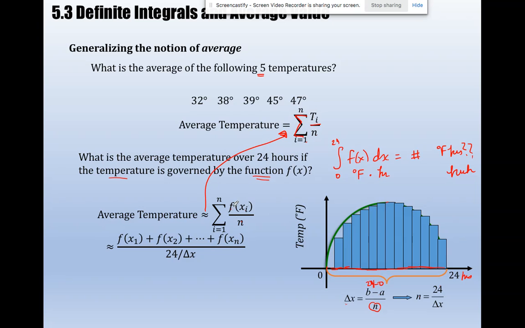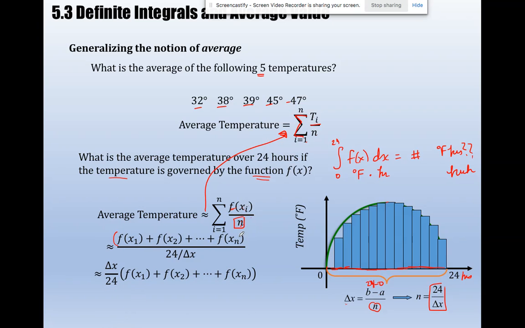All the individual temperature values that I get from my function, instead of just getting 5 discrete values, divided by how many temperature values I have. Well, look at what I replaced n with. You see what I did there? n is the same as 24 over delta x. So I put 24 over delta x in that denominator. Though I don't really like fractions within fractions. So look what I did with myself. I'm so smart.